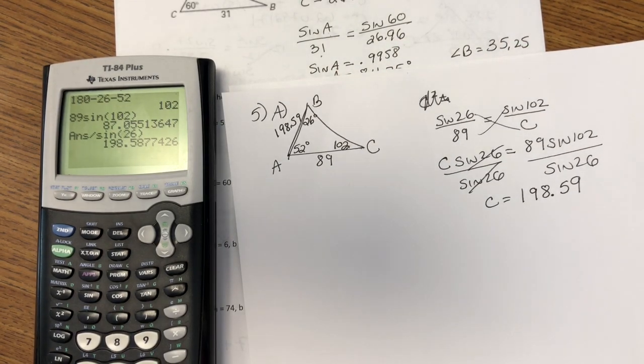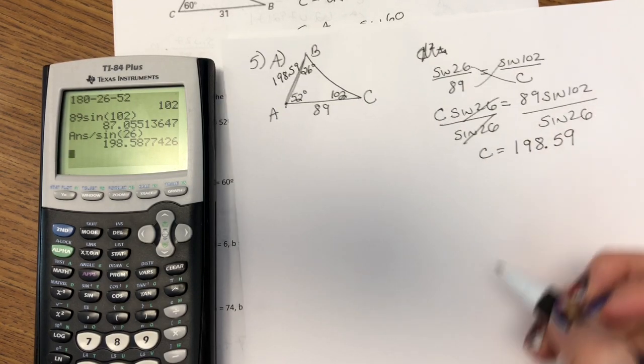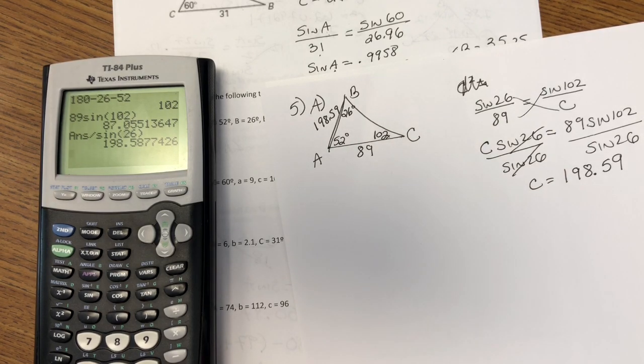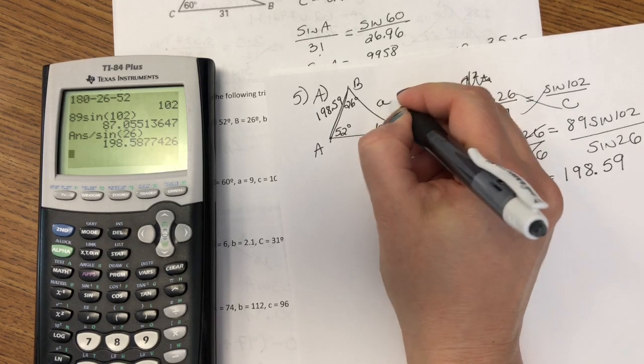Now we'll find side A. Let's use the law of cosines just because it's a good practice. So here's little a.